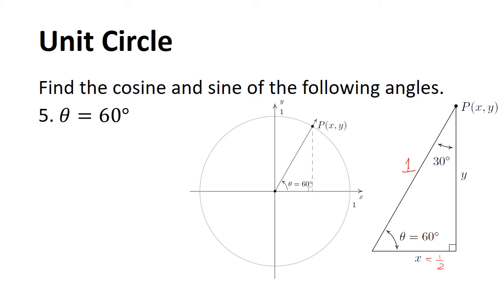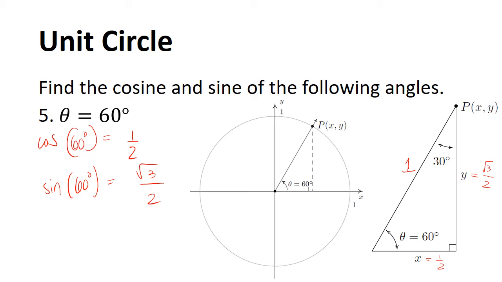And the side opposite the 60 degrees should be square root of 3 times the shortest side. So this is square root of 3 times 1/2. And therefore, the cosine of angle 60 degrees is equal to 1/2. And the sine of angle 60 degrees is equal to square root of 3 all over 2.